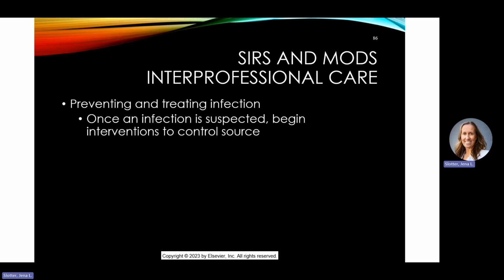So using incentive spirometry, coughing, making sure we don't have some other kind of infection along with what's going on. We certainly don't want to get a pneumonia when they already have something else happening. This could even include aggressive surgery to remove any kind of necrotic tissue. And then broad spectrum antibiotics are going to be key here.